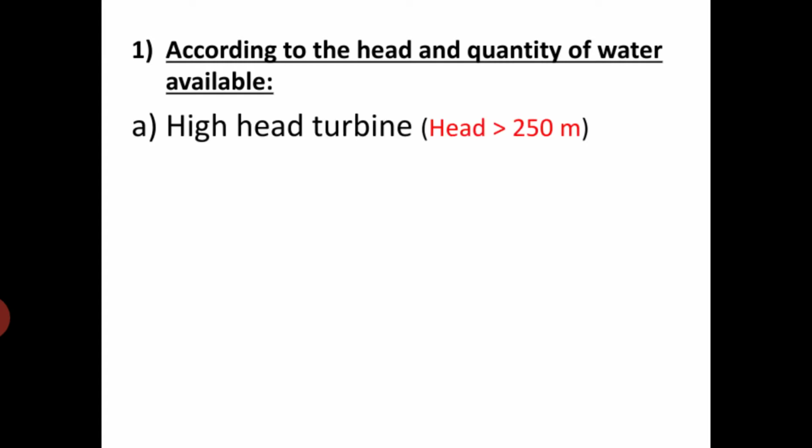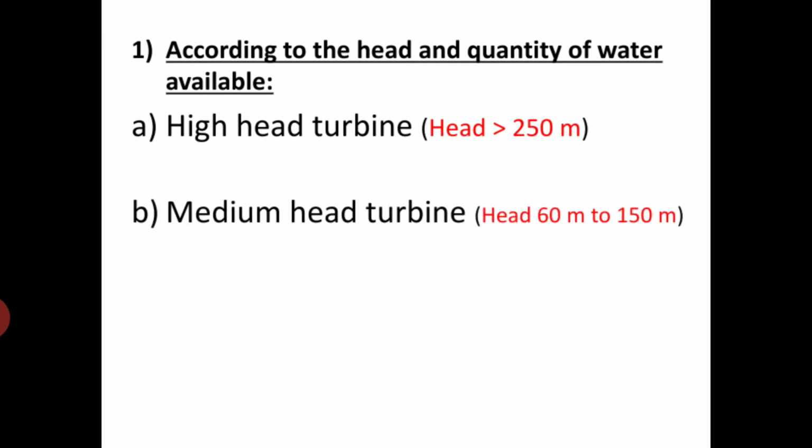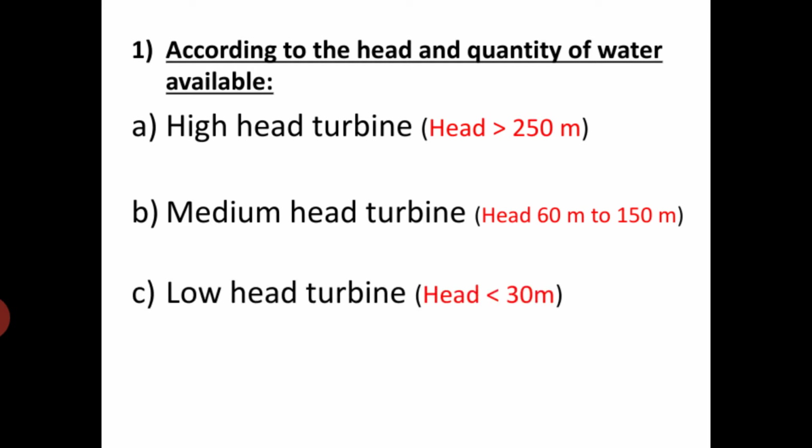Then according to the head and quantity of water available, the turbines are classified as high head turbines, that is head greater than 250 meters. So in this particular classification, the turbines are classified on the basis of the head and quantity of water available: high head turbines, and second, medium head turbines, that is head between 60 meters to 150 meters, and third, low head turbines.